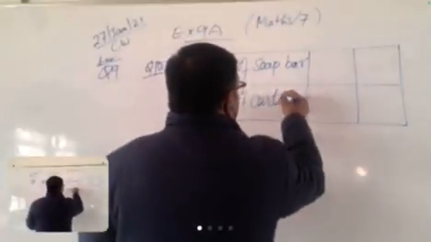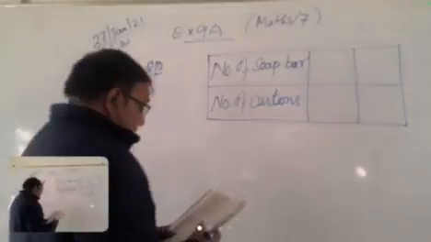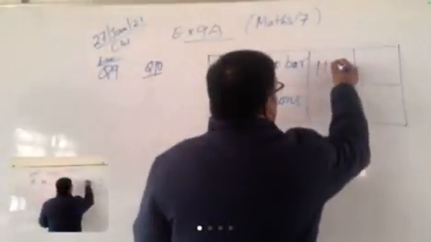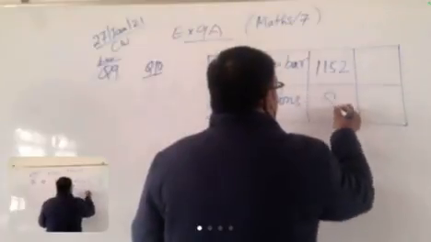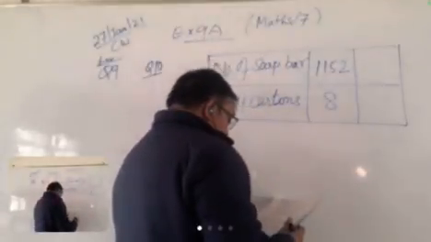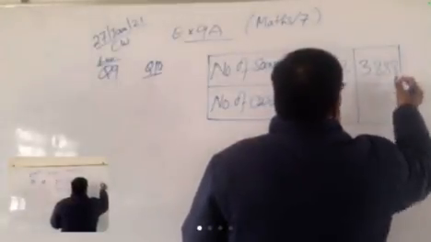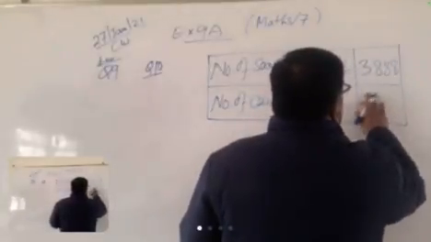Carton, sorry. Number of cartons. Now the soap bar is 1152. The carton required is 8. And now we have to find 3888. So the number of carton is y.